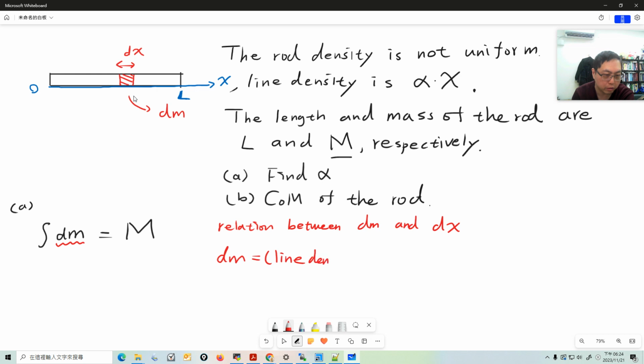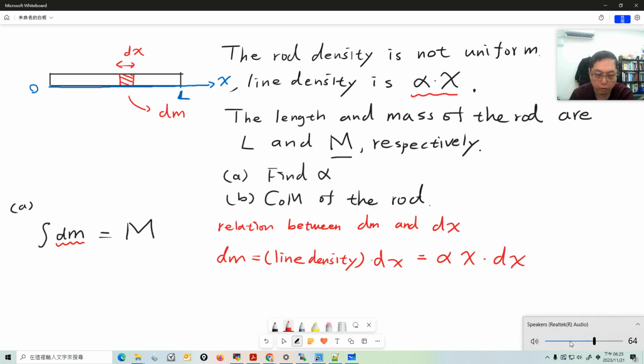Line density times the length is equal to mass. The line density here is not uniform anymore, it's alpha x, so delta m is equal to alpha x dx. So we find a relationship between delta m and delta x.